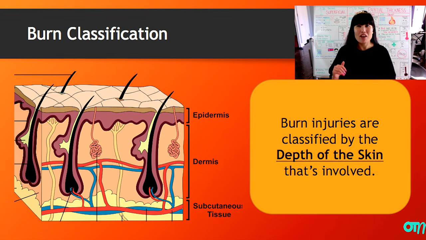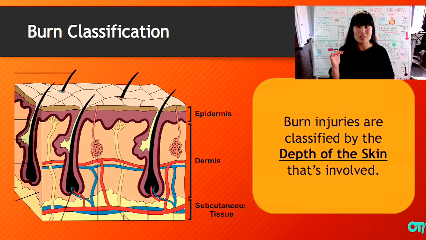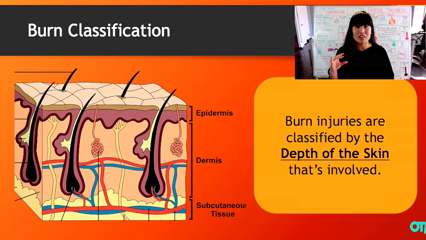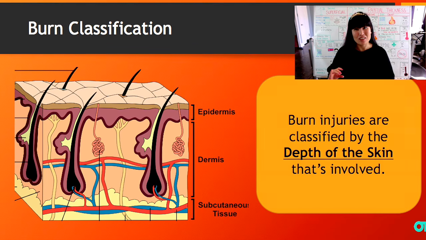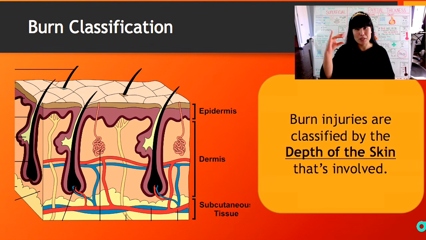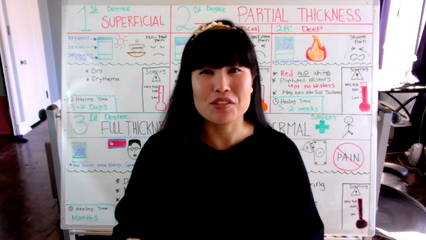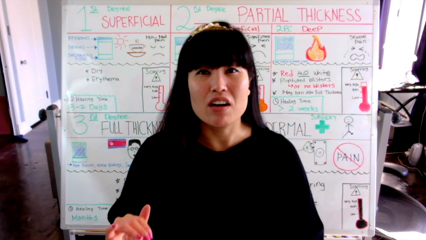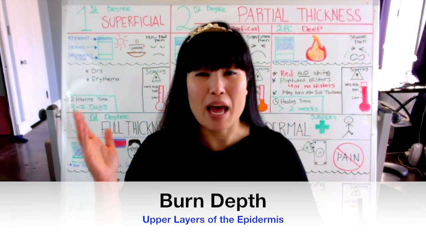So at the very top, outermost layer lies the epidermis, and below that is a thicker layer called the dermis, and the final, the deepest there is the subcutaneous tissue. So epidermis, dermis, and the subcutaneous tissue. With a superficial 1st degree burn, the layer of the skin involved is just the upper layers of the epidermis.